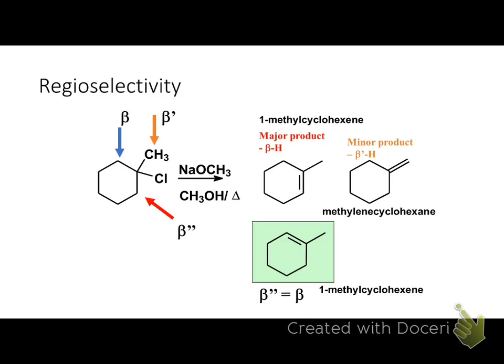Another example, there's actually three possible, you can have three beta hydrogens, right? So there's three possible double bonds that you can form here, right? Again, OCH3 minus is a strong base, and it's heated, right?